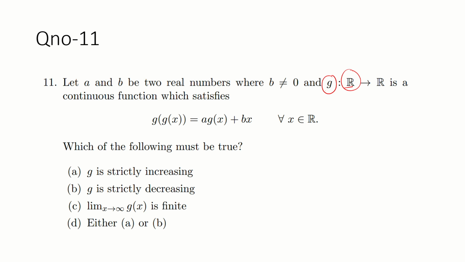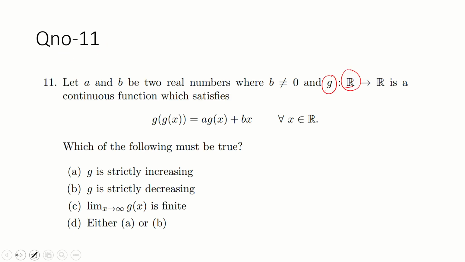So for one-one functions, from the basic definition, different inputs have different outputs. Okay, so let's solve question number 11.